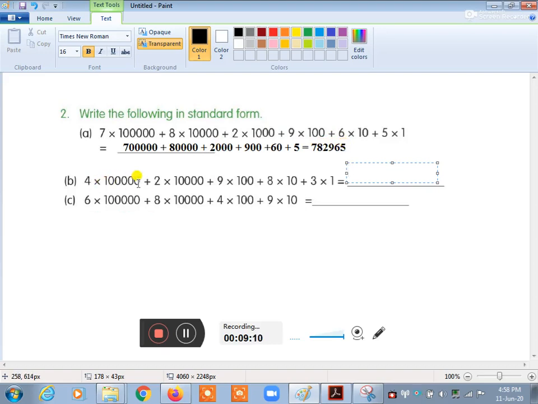So here, 4 lakh, how many zeros are there? 1, 2, 3, 4, 5. 4 lakh plus 20,000. Here 4 zeros are there. 20,000 plus, here no 1000 place. 9 into 100. So 4 lakh 20,983. So 4 lakh, here put the comma.